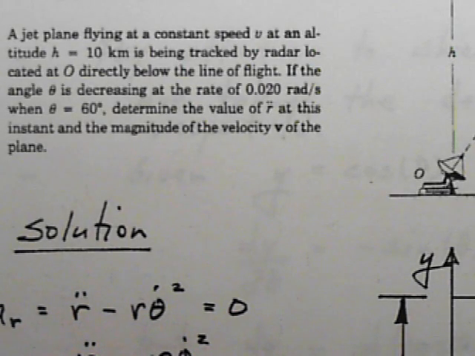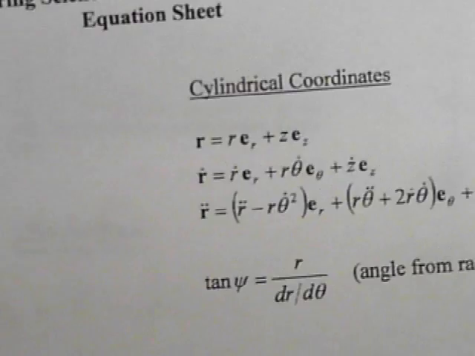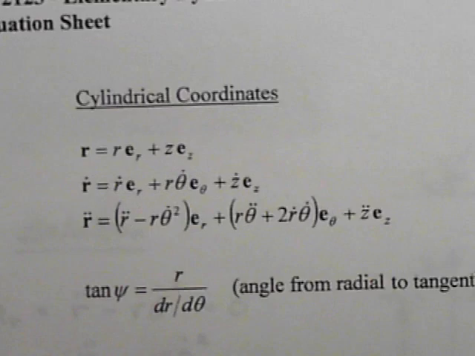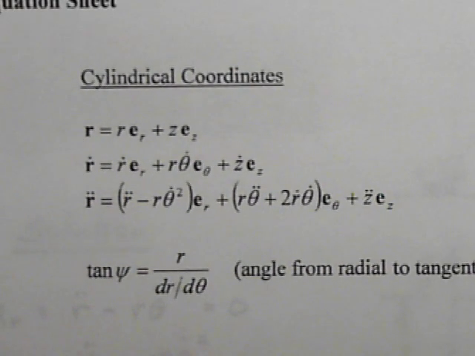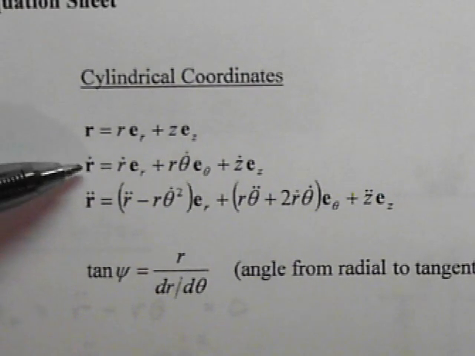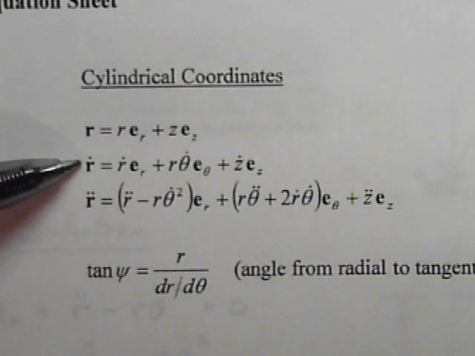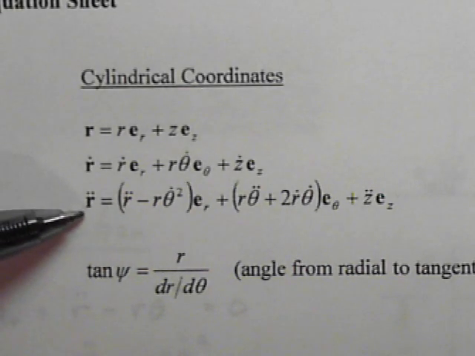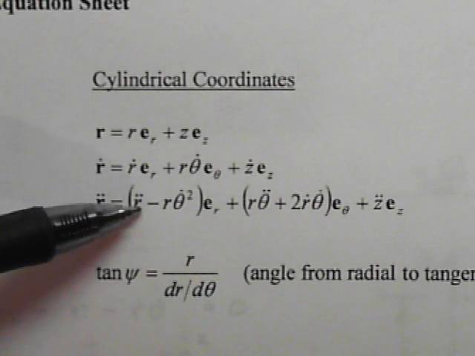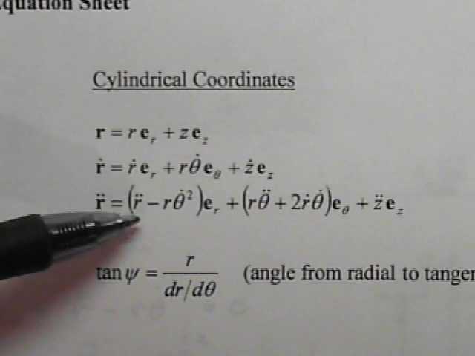And we are in cylindrical coordinates because we were asked for the r double dot. So let's go take a look at the equation sheet and see what we can deal with. Here's the velocity equation. Here's the acceleration equation. We'll come back to the velocity in a minute, but we want something out of the acceleration equation. We want r double dot.